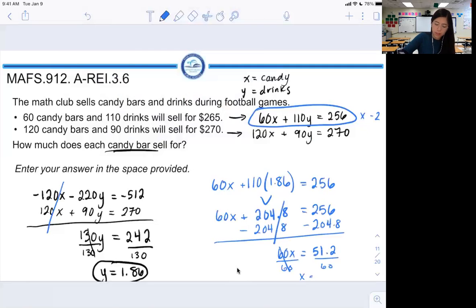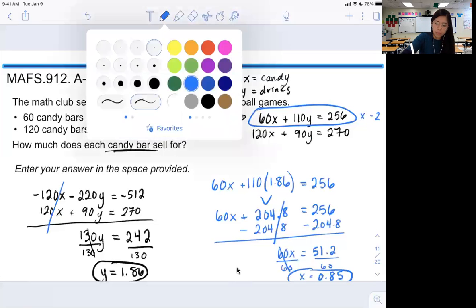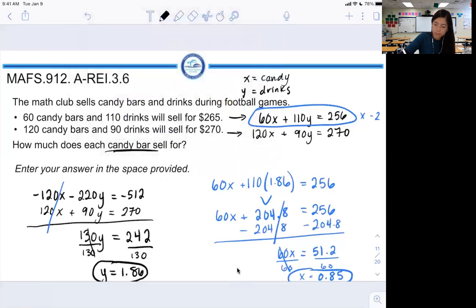And I get x equals 0.85. So each candy bar is $0.85, which would be 85 cents. So that's my final answer.